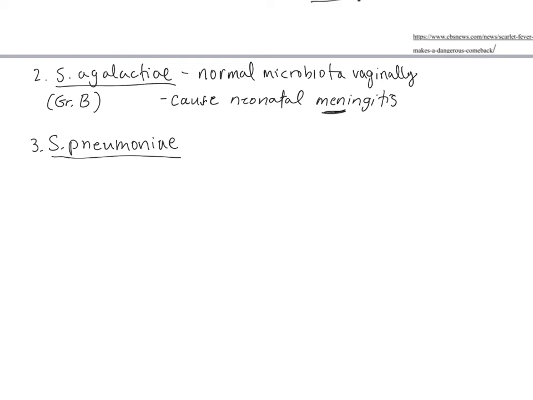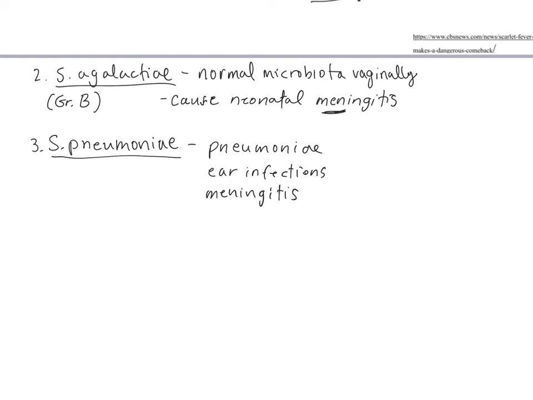And like you would guess, this is a major cause of pneumonia, especially a problem in elderly people and very young people. It's actually the number one cause of bacterial pneumonia. It can also cause other things like ear infections as well as meningitis.